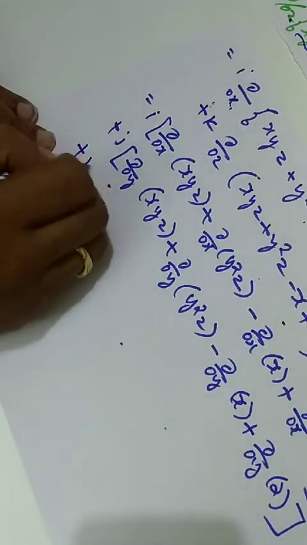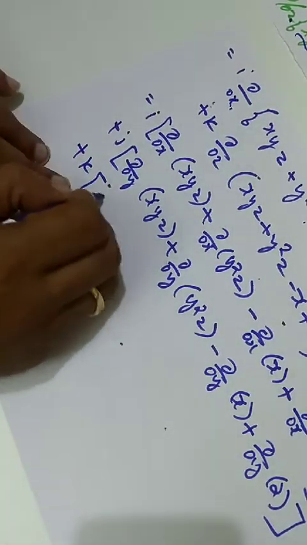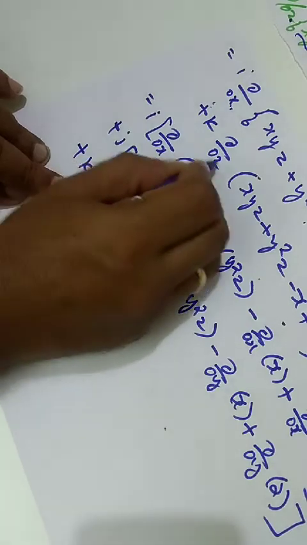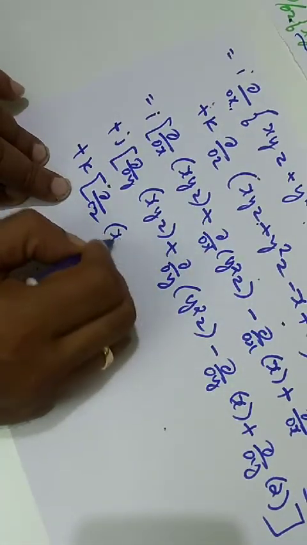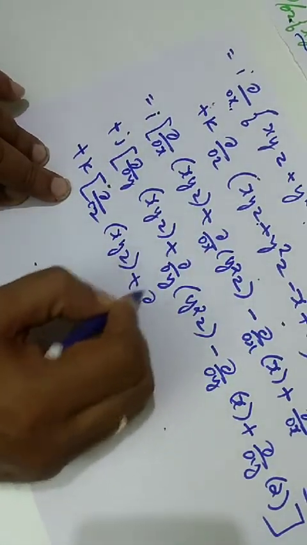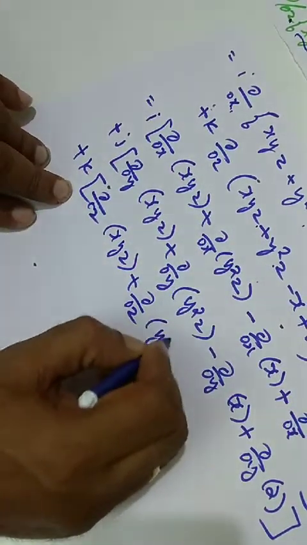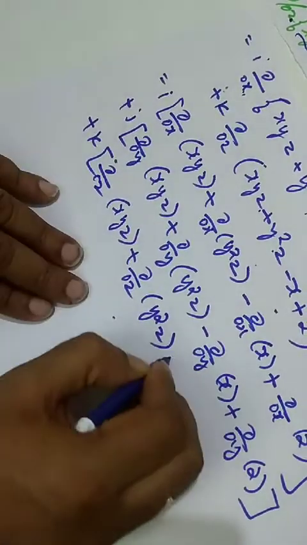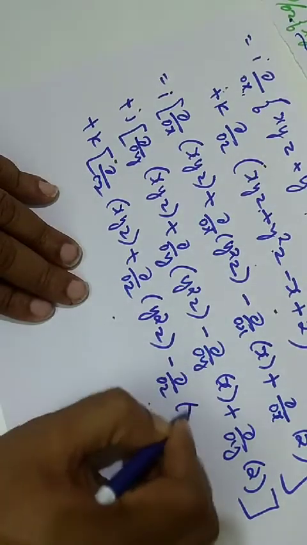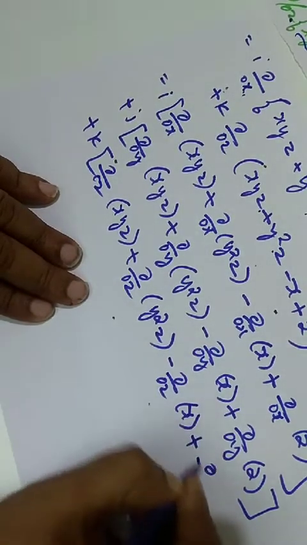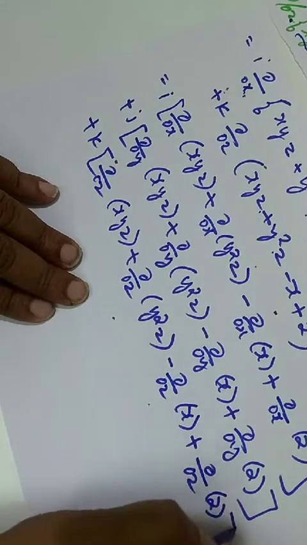Similarly, plus k into dou by dou z of the first term xyz plus dou by dou z of the second term y squared z, minus dou by dou z of x plus dou by dou z of 2.